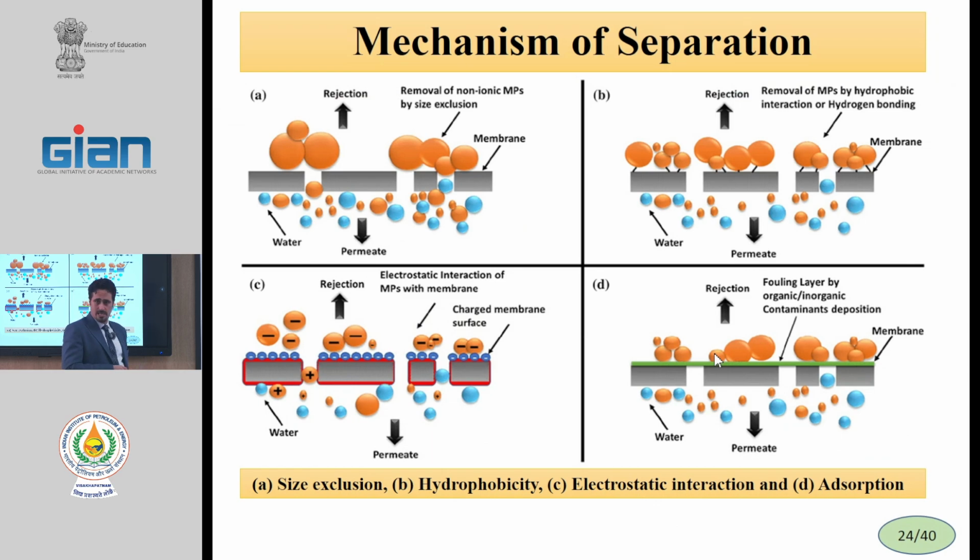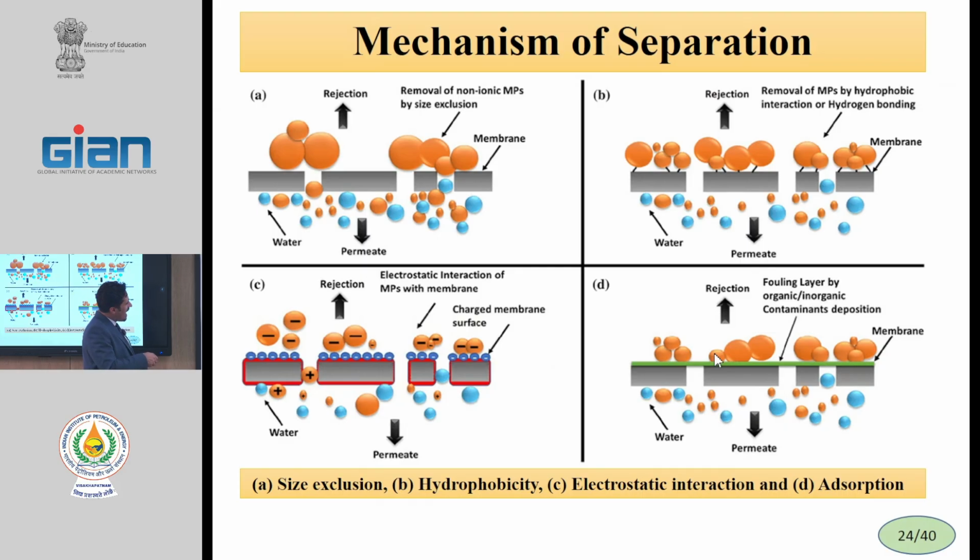We can also have electrostatic repulsion, which is used in nanofiltration membranes. When we have, for example, a negative charge on the membrane surface, this negative charge can reject the negative solutes. We have positive and negative solutes.